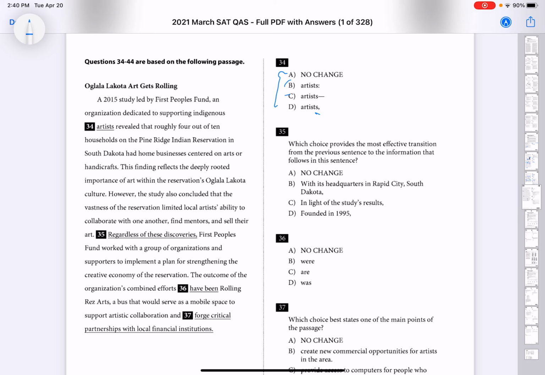But all right, let's say a 2015 study led by First People's Fund, an organization dedicated to supporting indigenous artists. Okay, so this is definitely a comma. Why? Because this is a non-essential clause. It's an appositive that describes what the fund is. The appositive is the description that follows after a comma and describes the noun that came before it.